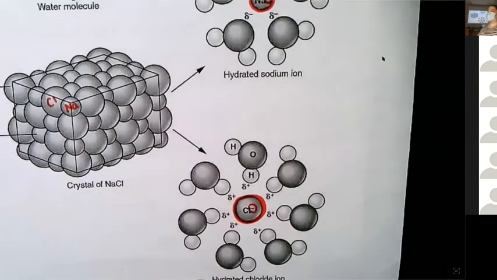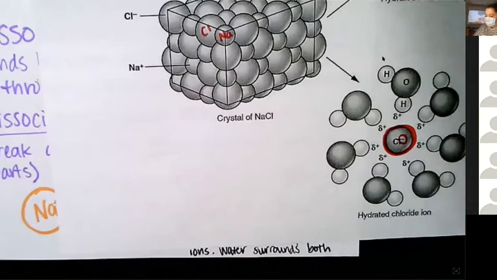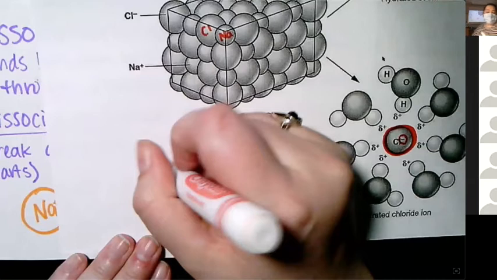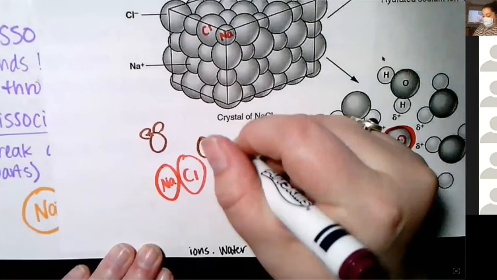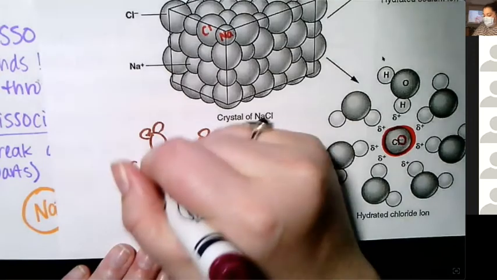This is dissociation. So if this was just solvation, it would look something closer like this. Here's Na, here's Cl, and then the water molecules would be doing this number right here. All of the water would be around the whole thing. Water molecules look like Mickey Mouse ears, by the way.